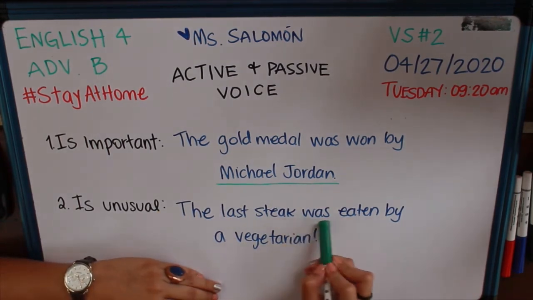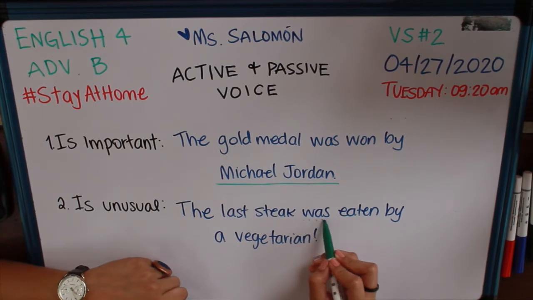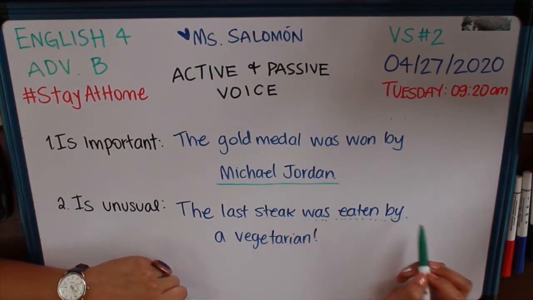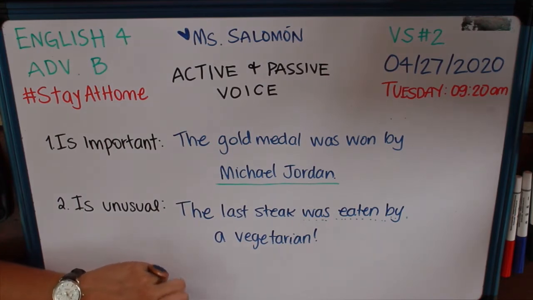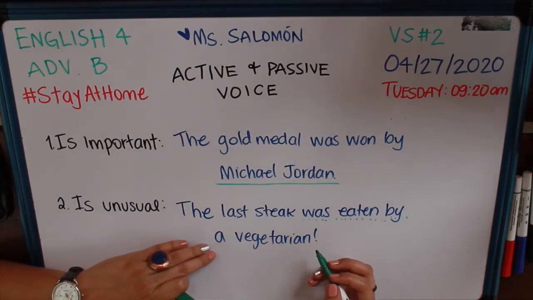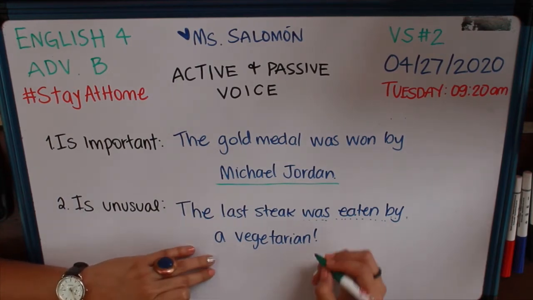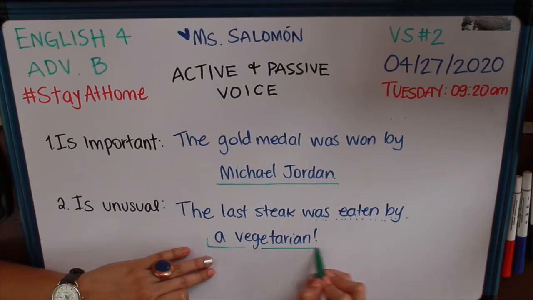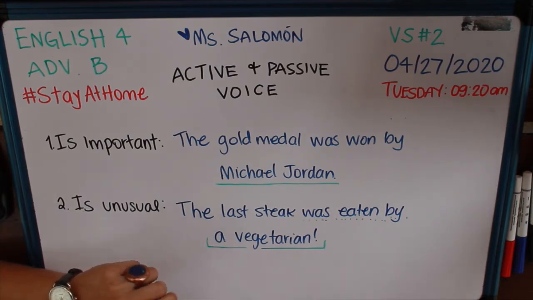We have a conjugated form of the verb to be. We also have the verb in past participle. We have this word right here, which is a preposition, and we also have the agent of that action. So what we're saying is that of course it is unusual for a vegetarian to eat a steak. So we're emphasizing that fact.